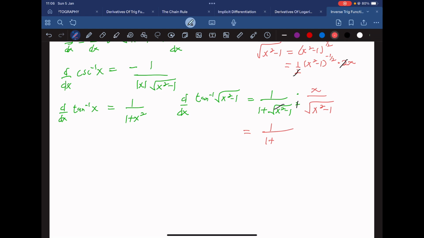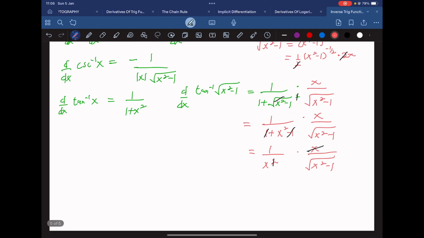So we have just x squared minus 1 multiplying x over root of x squared minus 1. And now the 1 will cancel out to give x squared. So we have 1 out of x squared multiplying x out of root of x squared minus 1. So this x right here will cancel one of the x's here. So we have this. If you multiply the numerators, we just have 1. In the denominator, you have x root of x squared minus 1.